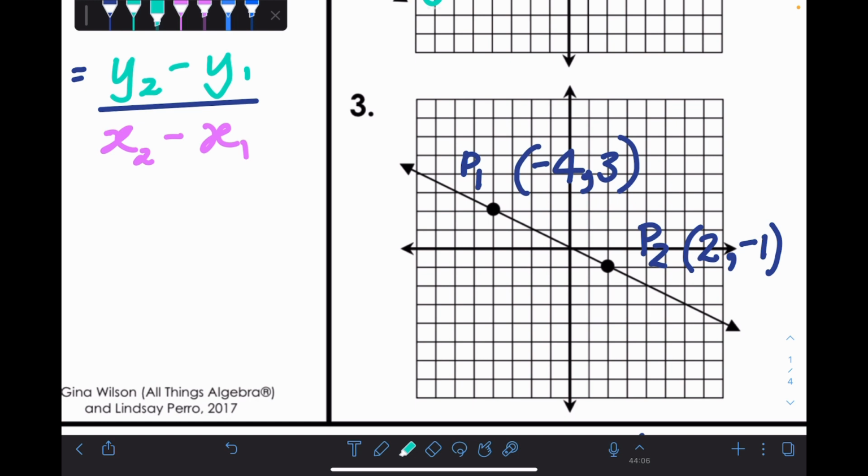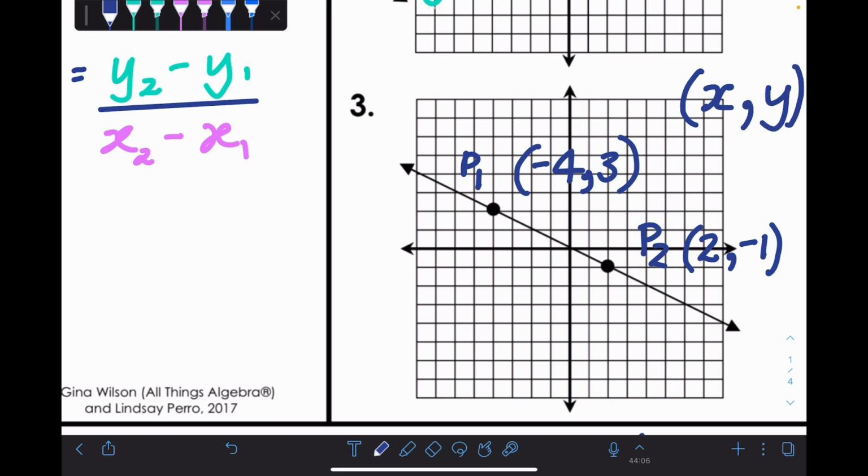So y2, all right, y2, this bad boy over here, our y2, 2 means go to your second point. So this is our second point here. So now I'm going to go into the y part of that one. So we know that, I'm going to write this up here so I don't forget. X first, then y.